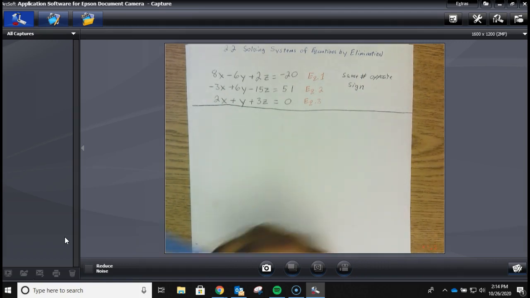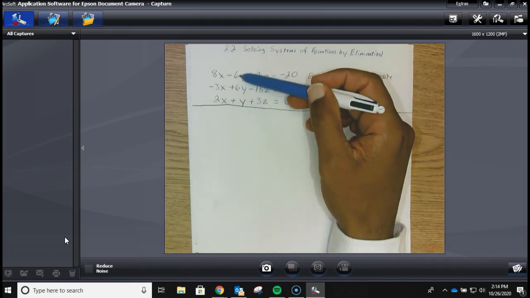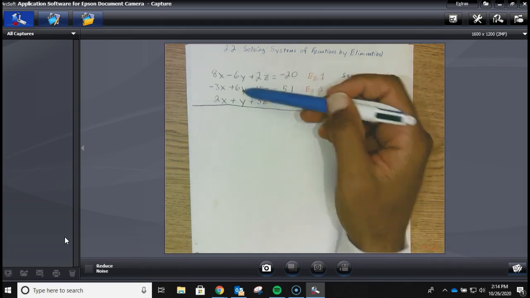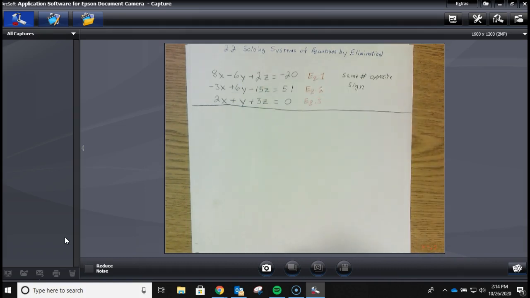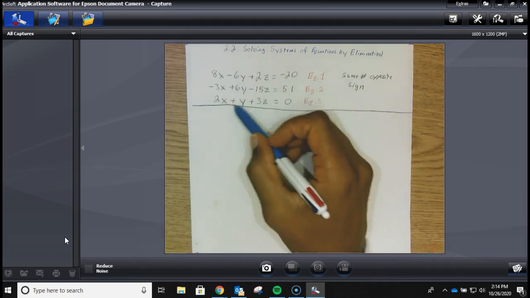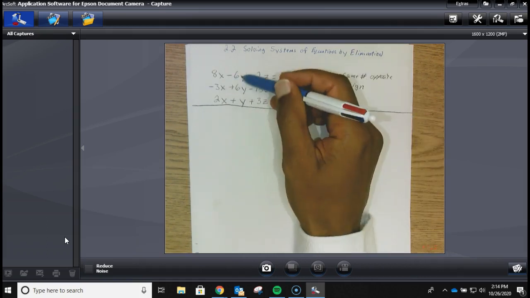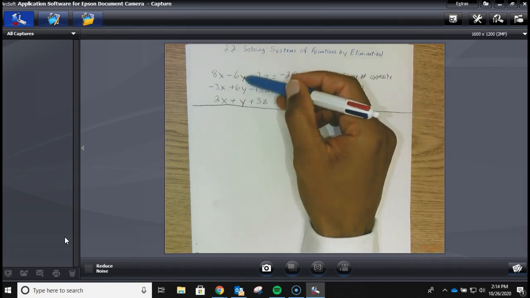So looking at this, I want to eliminate the Y's. So I'm going to have to eliminate the Y's in one of these equations to make a new equation. I'm going to make 2 brand new equations by eliminating the Y. If this was already set up where one of the variables wasn't there, then I would eliminate that variable. But in this case, all 3 variables are there, so I'm going to try to eliminate Y.